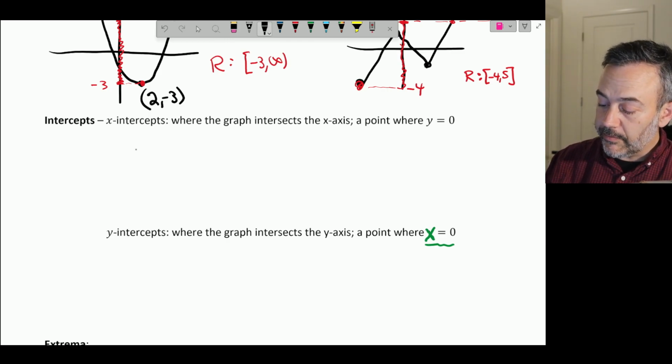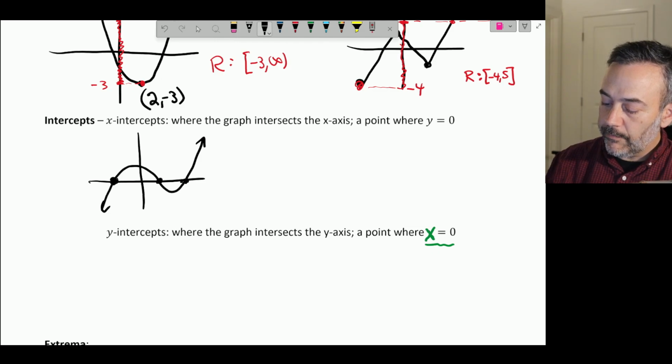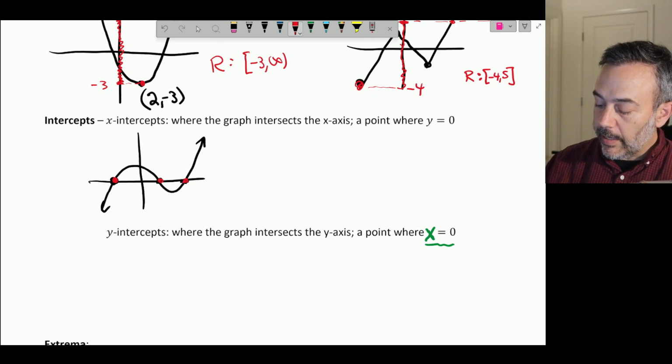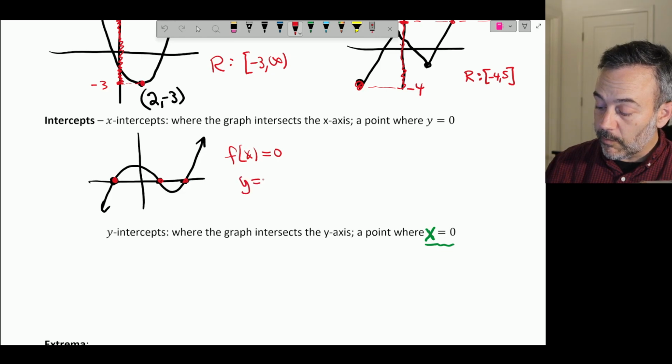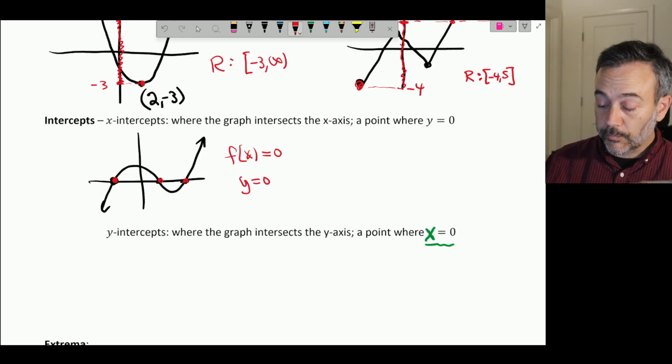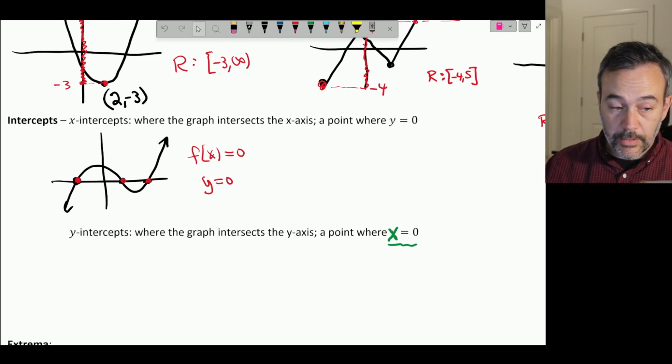An x-intercept of a graph is anywhere the graph touches the x-axis. Like here, here, and here. And if I had the function f of x, this is where the function equals 0. In other words, this is where y equals 0. It's where the graph crosses the x-axis.